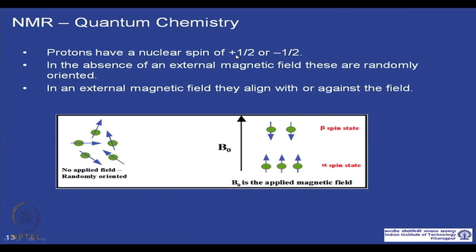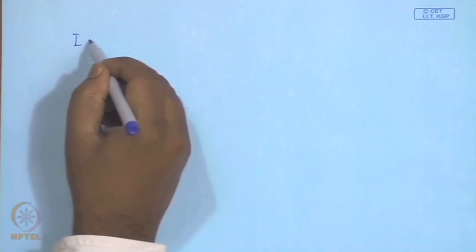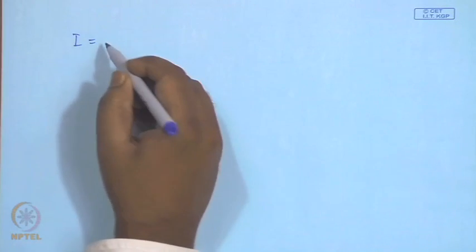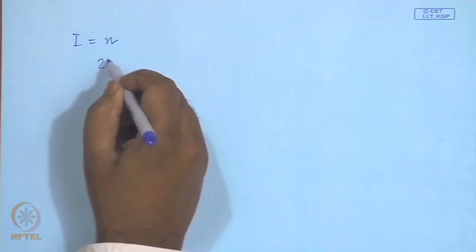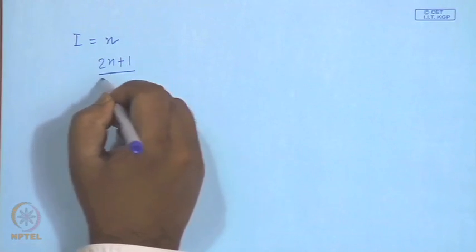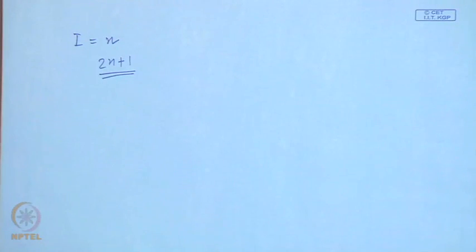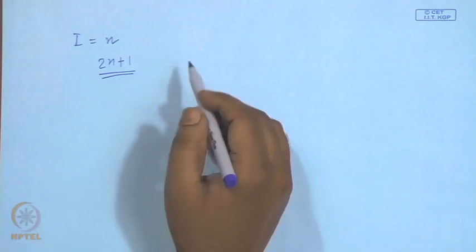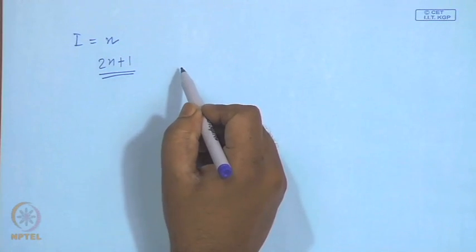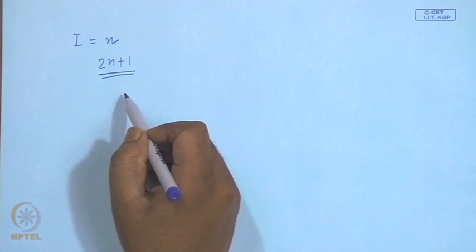In general, the rule of thumb is that if I has some value n, then 2n plus 1 is the number of states, that is, the number of magnetic energy levels.